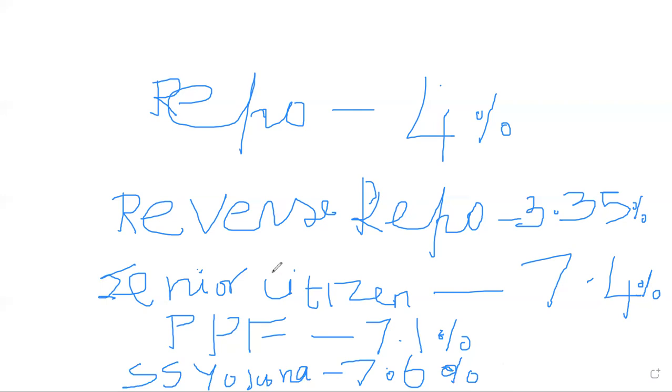In the senior citizen deposit, maximum we can keep 15 lakhs, only in one name. Here, we can deposit a maximum of 1.5 lakhs.